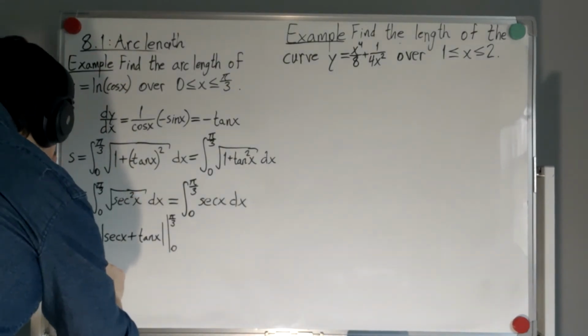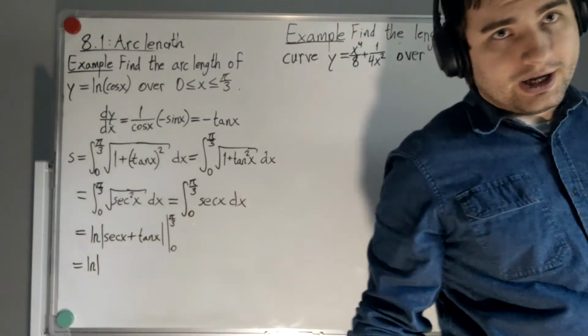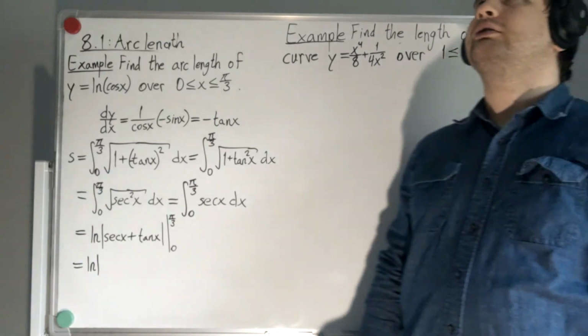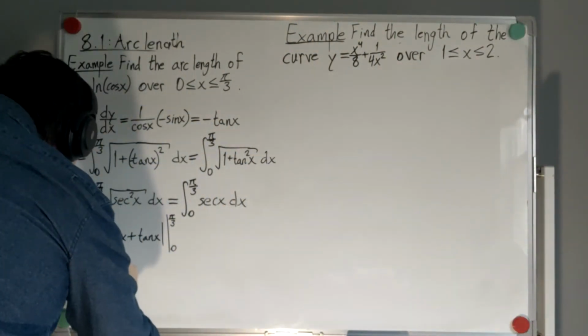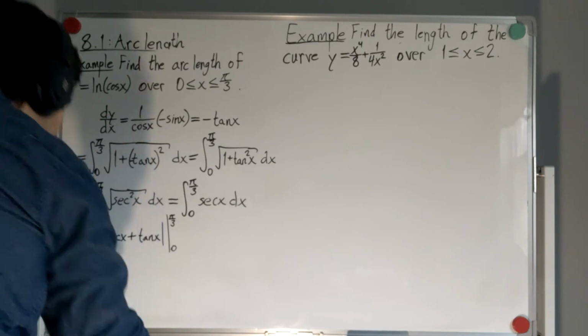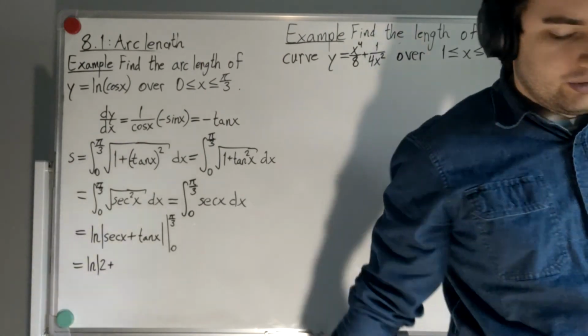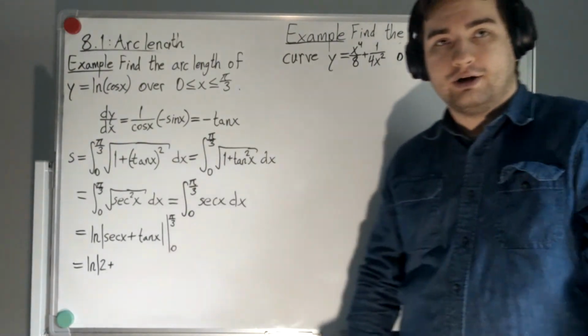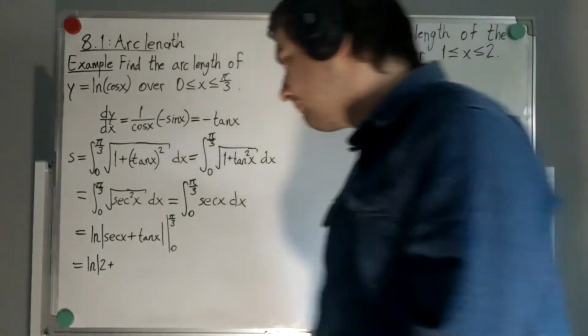So, natural log of the absolute value of secant of pi over 3, that would be 1 over the cosine of pi over 3. Cosine of pi over 3 happens to be 1/2, so secant of pi over 3 is 2. Add to this the tangent of pi over 3. Tangent of pi over 3 would be sine of pi over 3 over cosine of pi over 3, and that just turns out to be square root of 3.